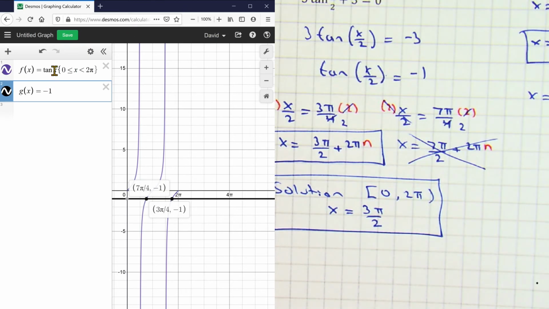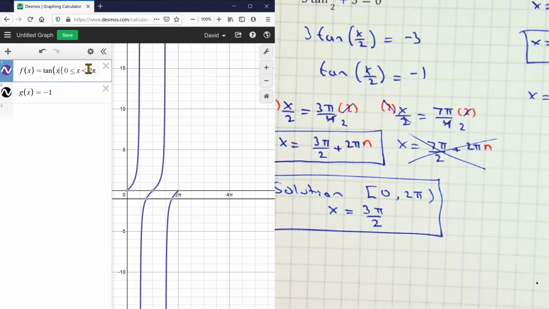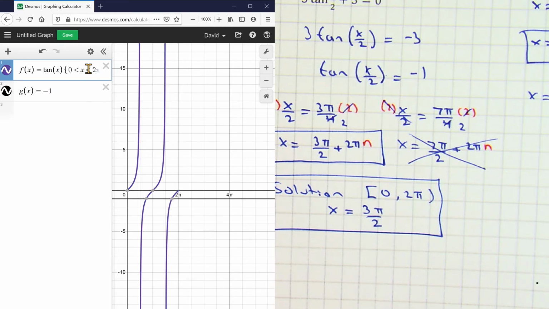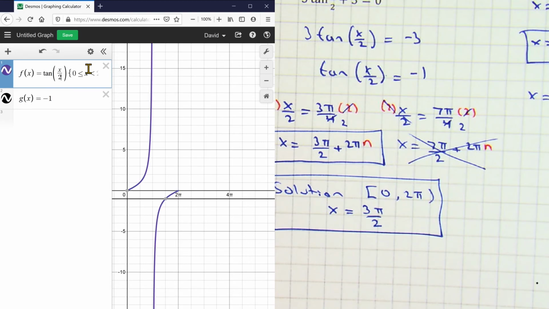So therefore, as you place it, you can divide by 2. Then that graph has a horizontal stretch. So therefore, we only have -1. Where's my 3 pi over 2?